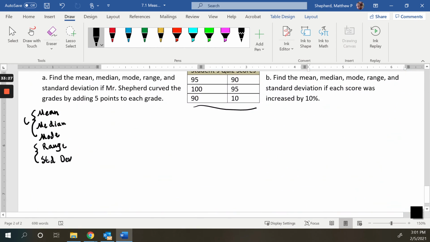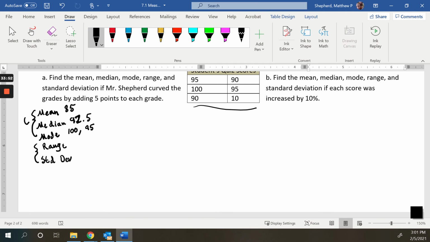So our new mean is going to be 85. The median, 97 now because we added the 5. The mode had a 95, which then changes to 100, and a 90, which will now change to 95. I just added 5 to all the numbers we had already found.